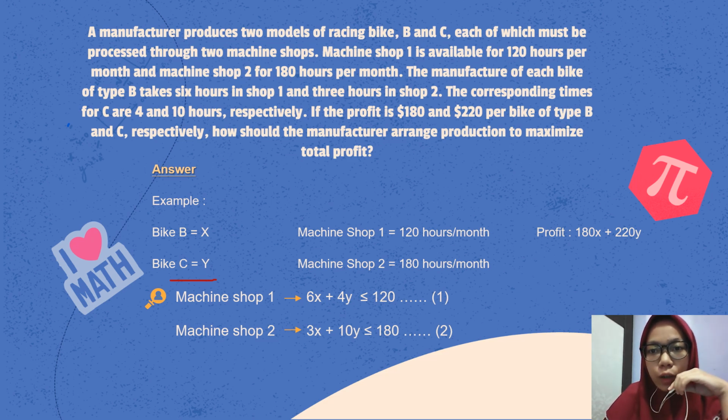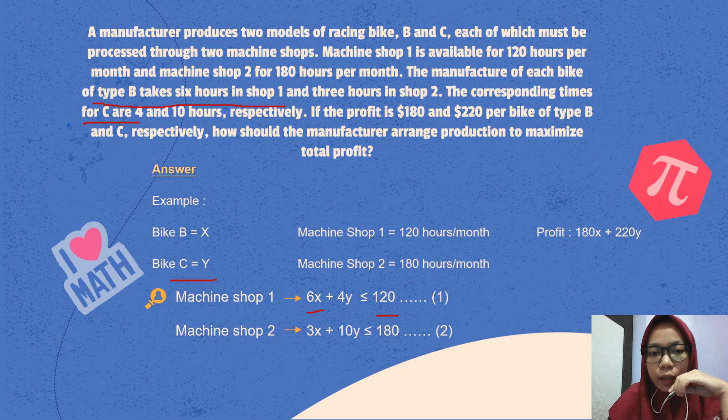The manufacture of each bike of type B takes 6 hours in Shop 1 and 3 hours in Shop 2. So the first equation is Machine Shop 1 is 6x, because the question mentioned type B takes 6 hours in Shop 1. And then for C it is 4. So 6x plus 4y is less than or equal to 120.